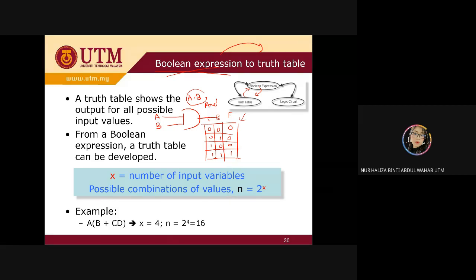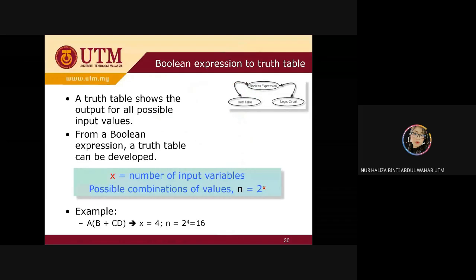But of course, after this, you're going to have much bigger numbers of input values. That's why I mentioned you basically already learned how to draw the truth table from a Boolean expression. But let's take a look at the proper steps.